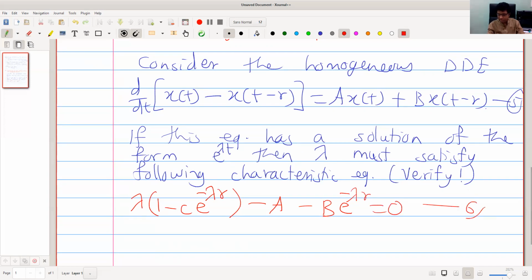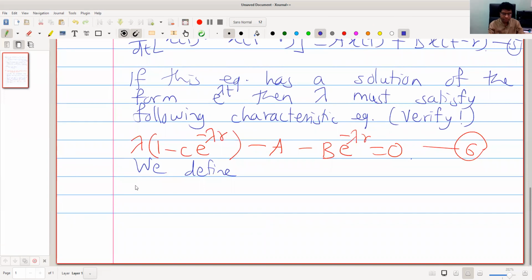We call this 6 and call the left hand side h of lambda. In the retarded case we took small h, now we take capital H. Capital H of lambda is lambda into 1 minus c e raised to minus lambda r minus a minus b e raised to minus lambda r.